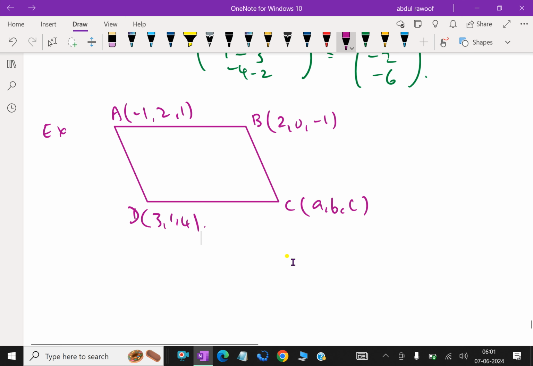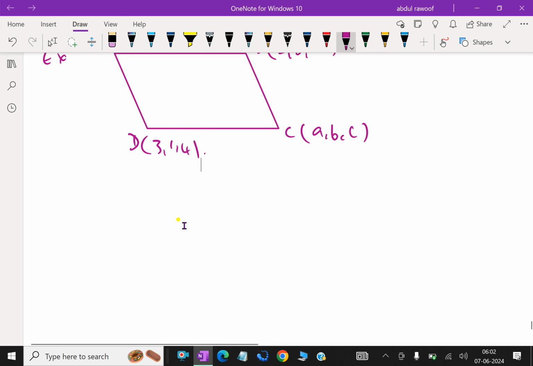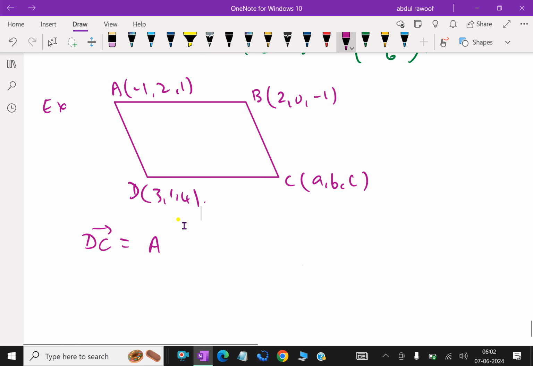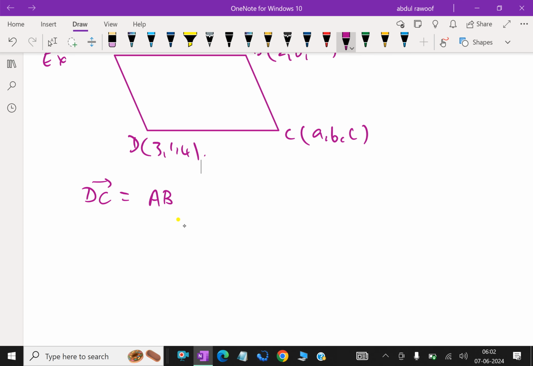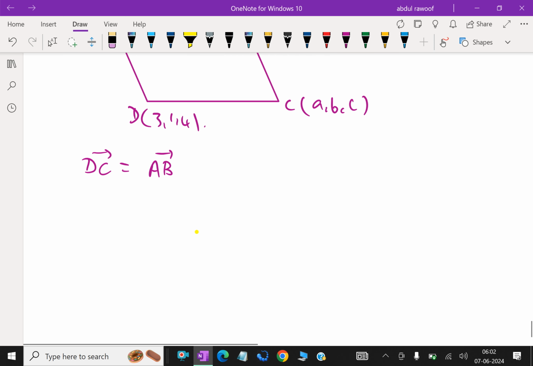Here, if this is a parallelogram, opposite sides are equal and the directions are the same. So vector AB is equal to vector DC, because in a parallelogram opposite sides are equal as well as the direction is the same.